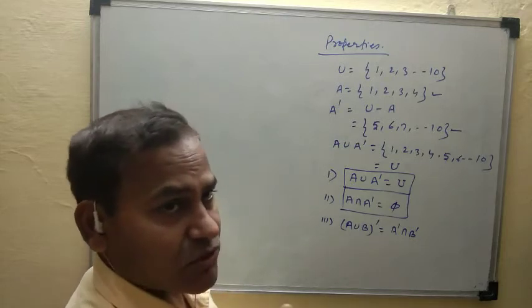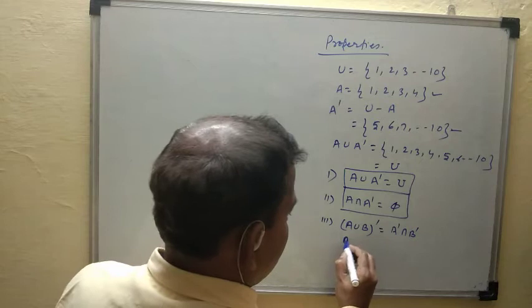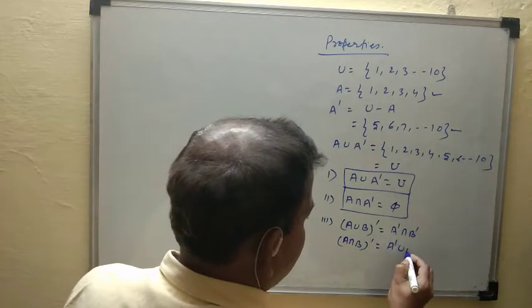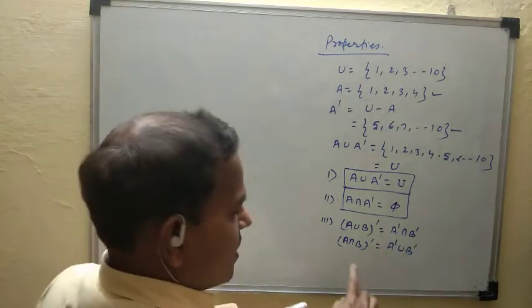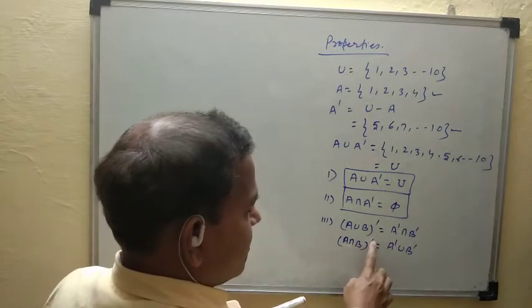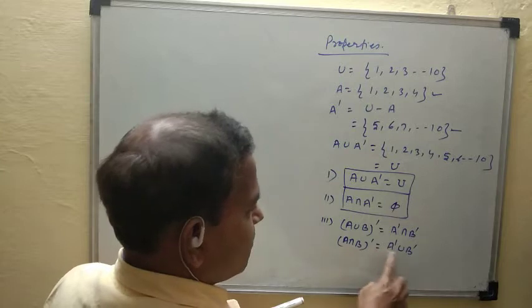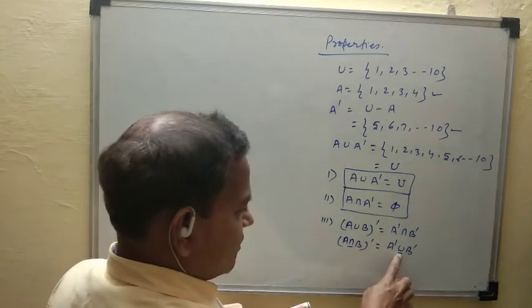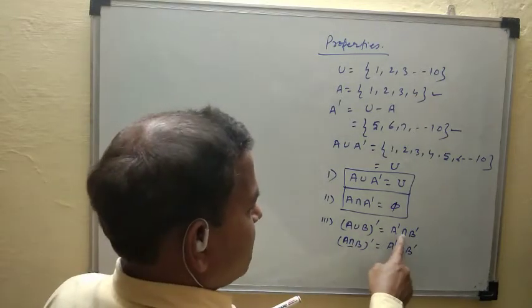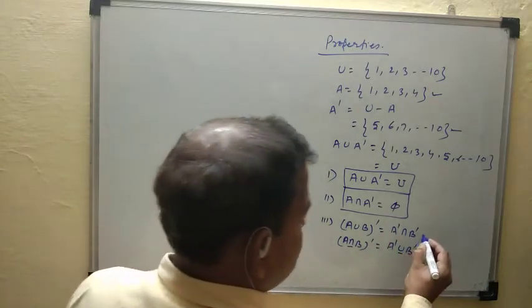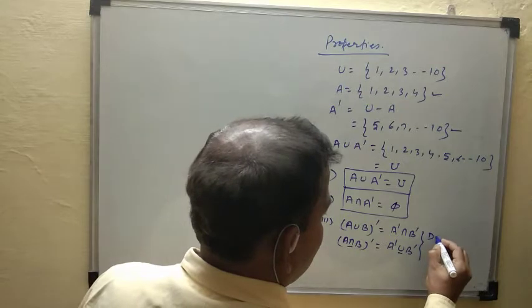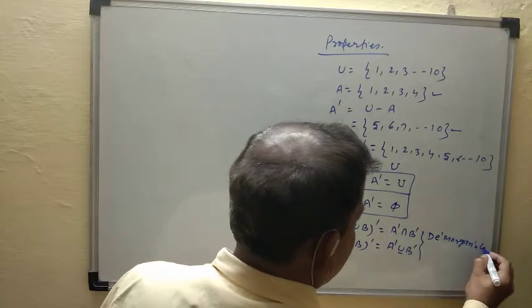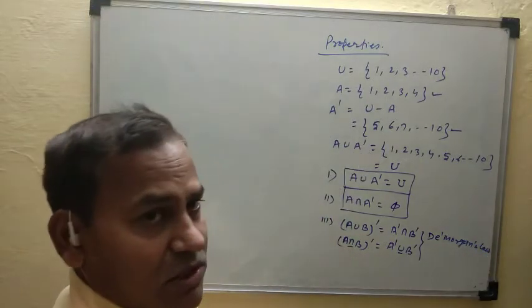And similarly, A intersection B whole complement is equal to A complement union B complement. You are taking the complement of the intersection of two sets. The complement applies to both sets and the sign in between changes. If there is intersection here, the sign becomes union; if there is union, the sign becomes intersection. So both of these are called De Morgan's law.